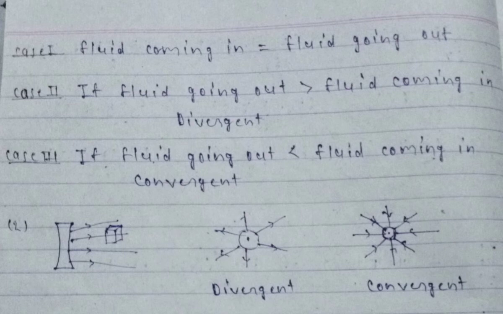Let's see light rays from a lens, which I say are diverging, right? And if I take a small volume here, in that case, whatever light comes in is also going out.